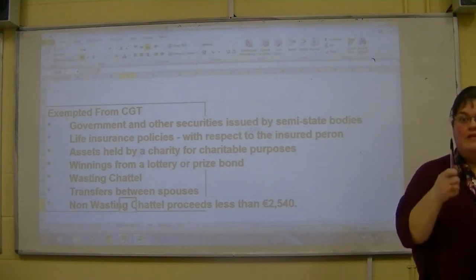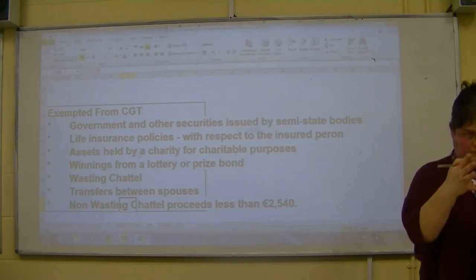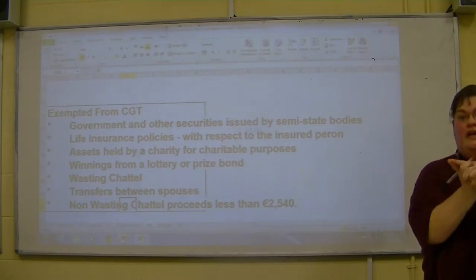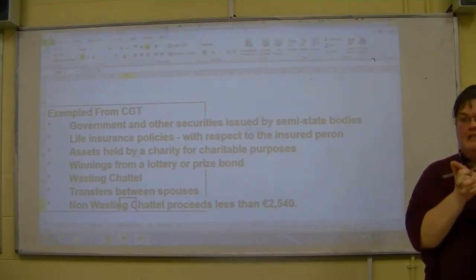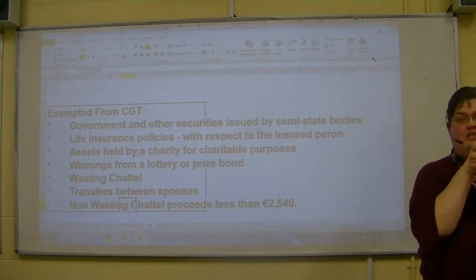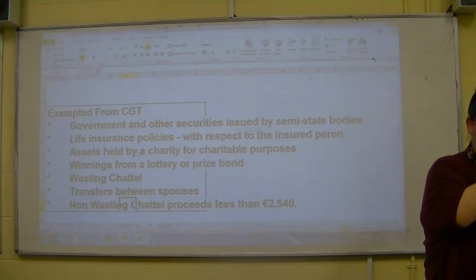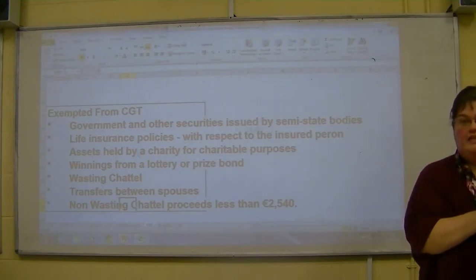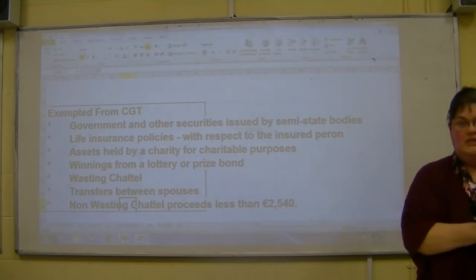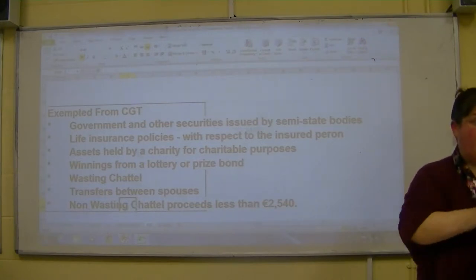What's domicile then? Domicile is where you're actually from. So like you have a domicile of Ireland, and say you move to America and you became a citizen in America, then you take on a domicile of the US. But you must actually show that you're never going to move back to your own country again to get rid of your domicile. So you're nearly always taking that your domicile comes from your father, your origin.